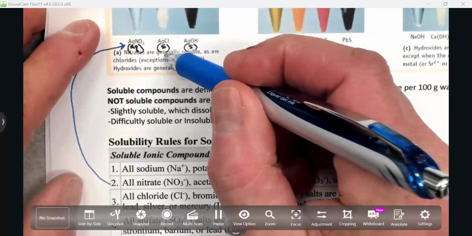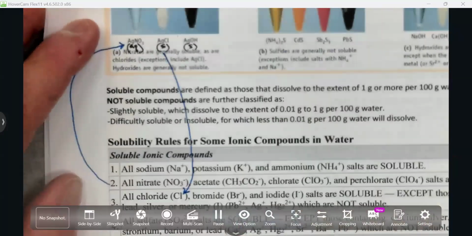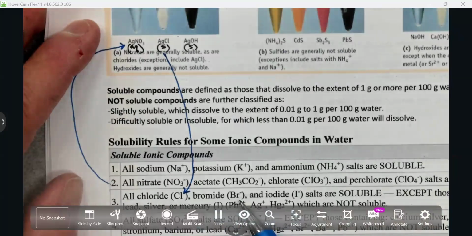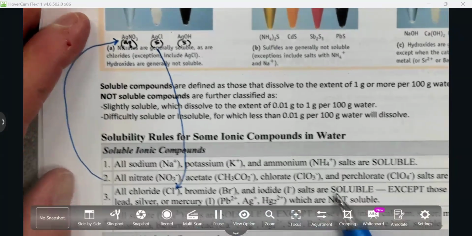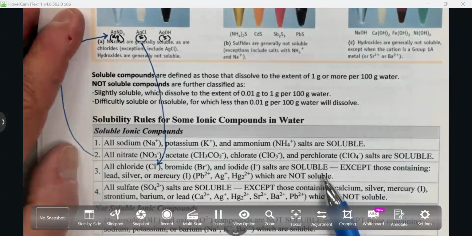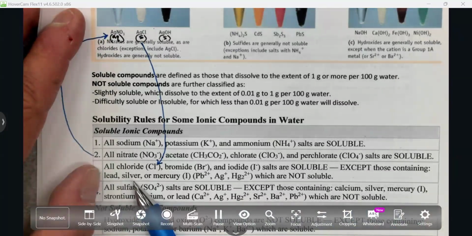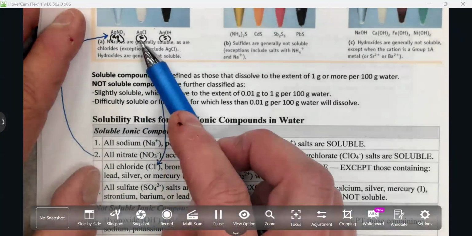Chlorides. It says all chlorides, bromides, iodide salts are soluble except those containing lead, silver, or mercury 1. So that's not soluble.